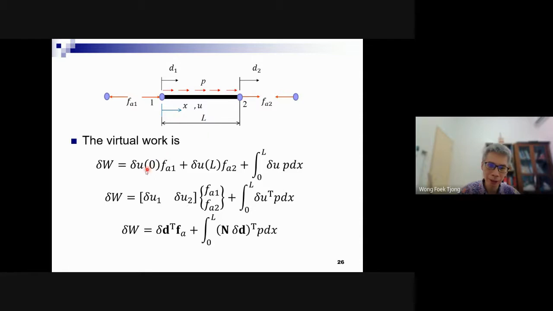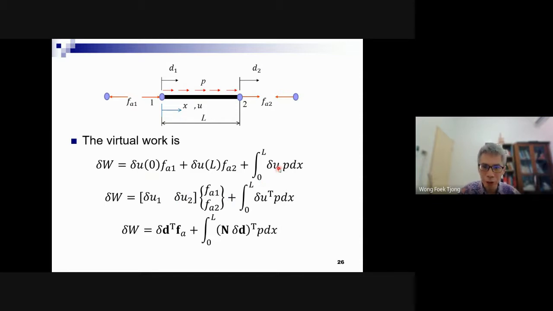I give notation: the virtual displacement at 0 I write as delta U1, corresponding to node 1, and this one corresponds to node 2. And FA1, FA2, I just rewrite in matrix form to make it consistent with the others.